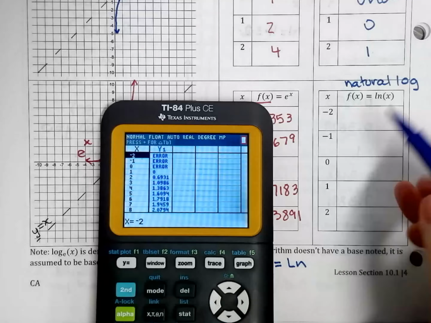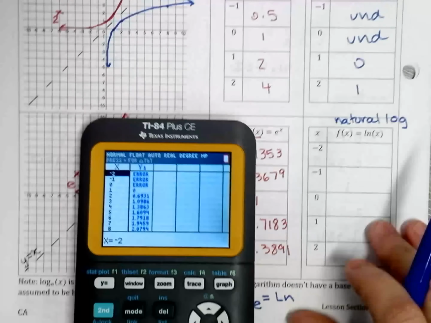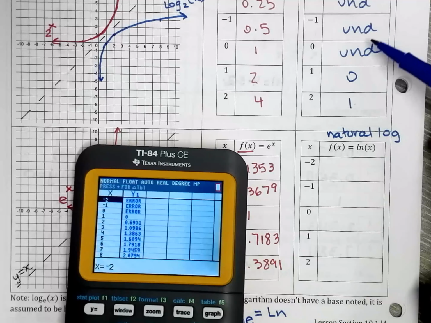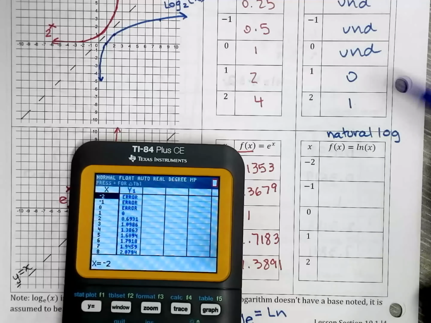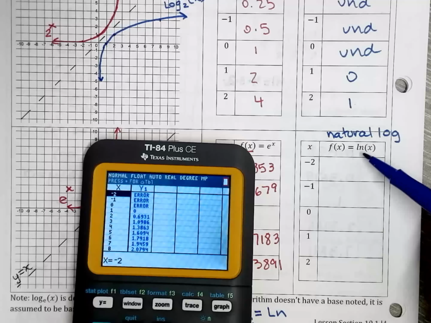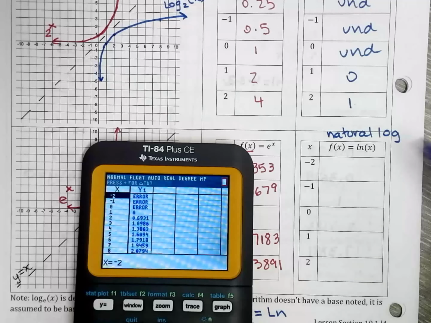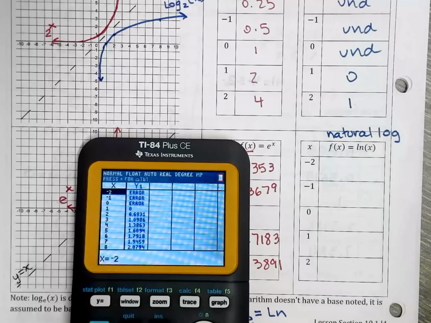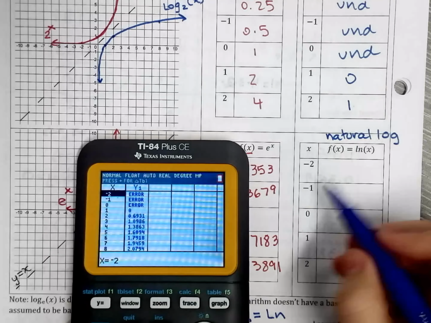We're going to fill that out, and it's for the same reason that we have the undefined here. We cannot take the natural log, or the logarithm, of any negative or 0. That's why it's undefined.